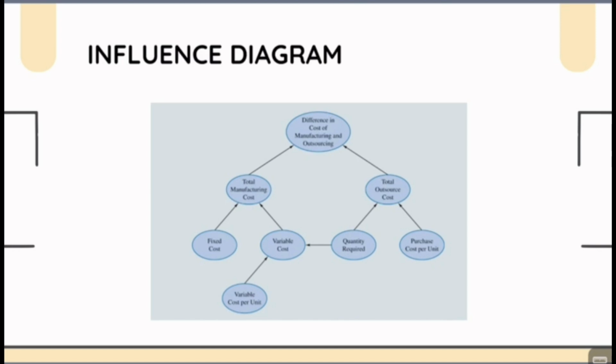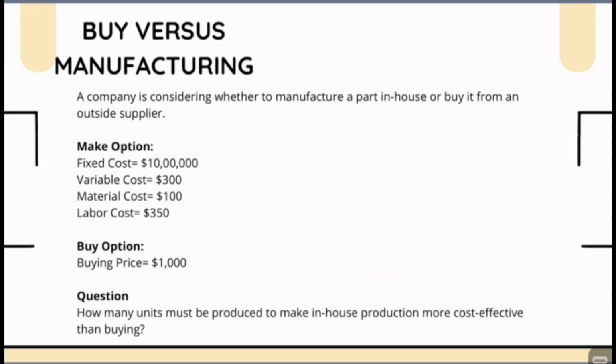So I can show an example to help us easily understand how we can make a decision with the variation of quantity. This example shows that a company is considering whether to manufacture a part in-house or buy it from an outside supplier.